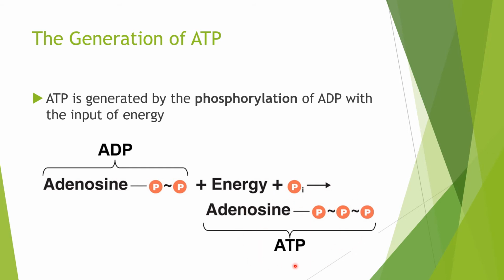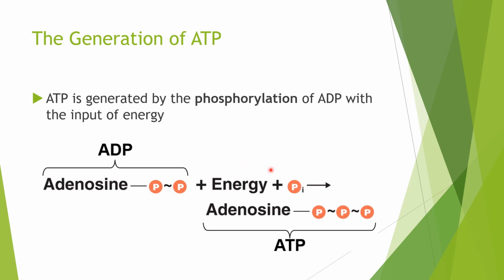Now, ATP is usually broken down, and when it breaks down, basically one of these phosphates, if you see right here, that bond is going to break down. And so when that bond breaks down, you get an inorganic phosphate.